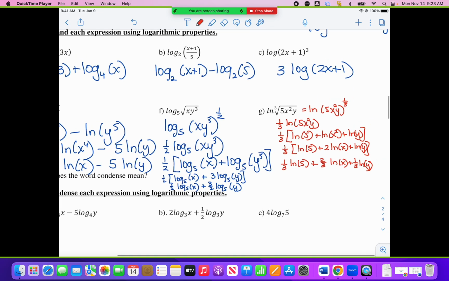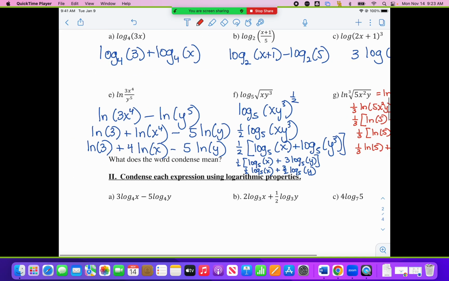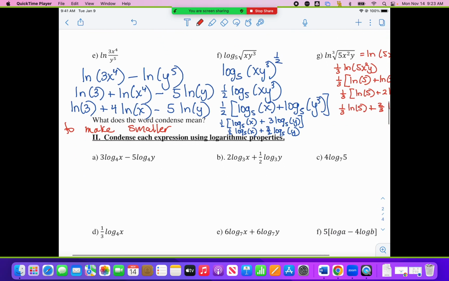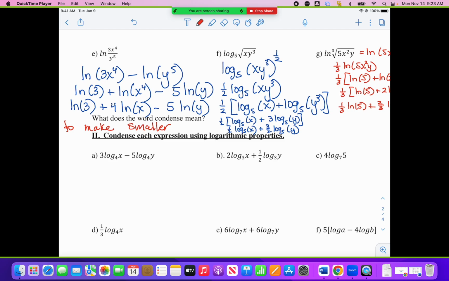All right, what does the word condense mean? If expand means make larger, what does condense mean? Yeah, let's make it smaller. All right, so if I want to condense, what I'm going to do is when I have a number out front, I bring the power up.